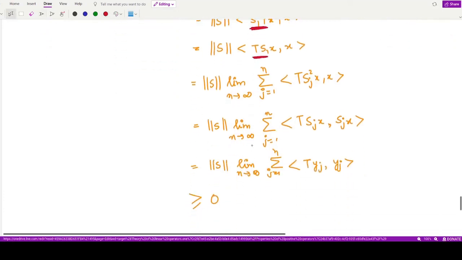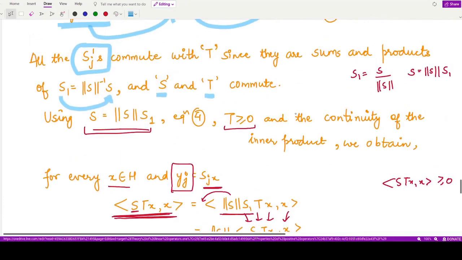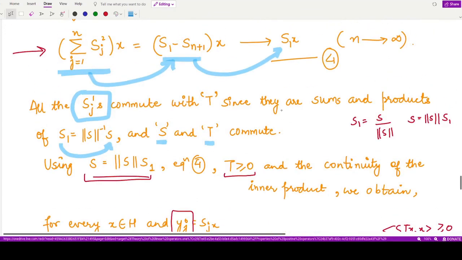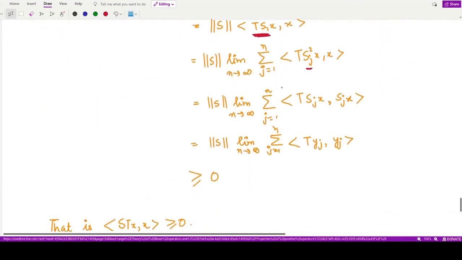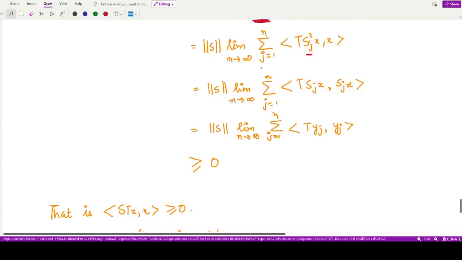And again, you can write this S1 as the limit, n tending towards infinity, of this sum of Sj squared from the expression above, from equation 4 here. So whenever the limit n tends towards infinity, this sum of T Sj squared, where j varies from 1 to n, tends towards S1.